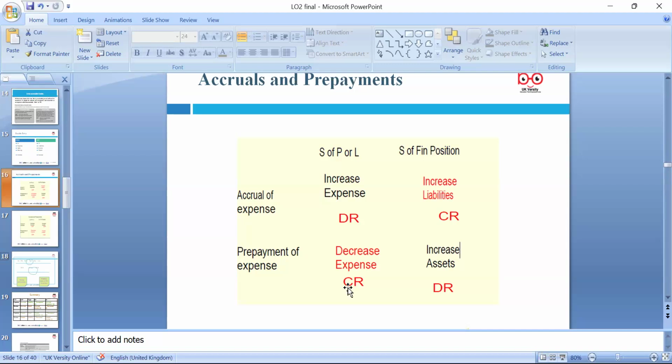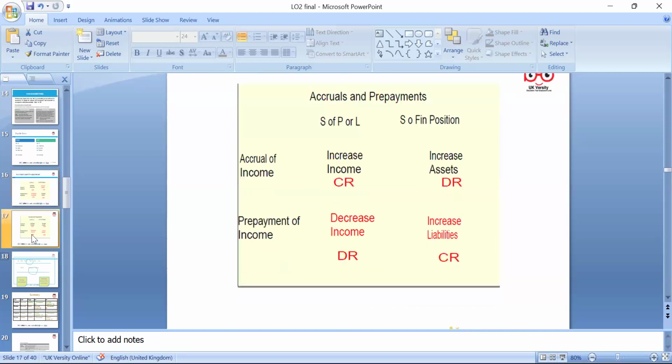Now, because that's the prepayment for the next period, you have to credit the expenses to reduce them for this year on the accrual basis, and then debit the prepaid, because the prepaid is still your asset. Even though the money is held by someone else, you have not consumed it. They are legally bound to give us the money back. If you sell your car, the money you paid towards the insurance, you can claim back.